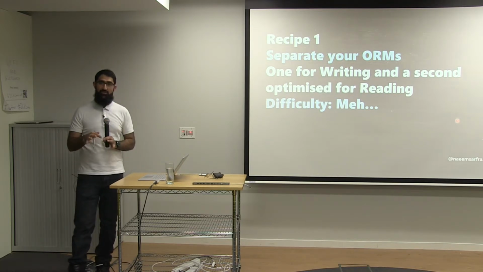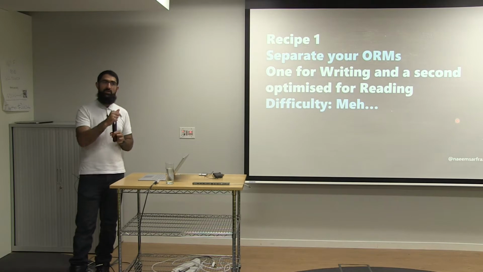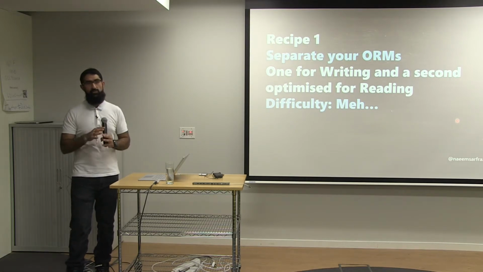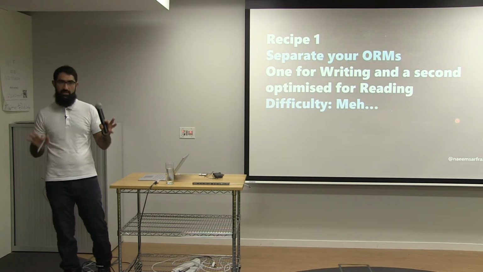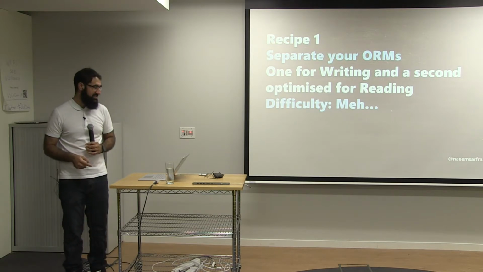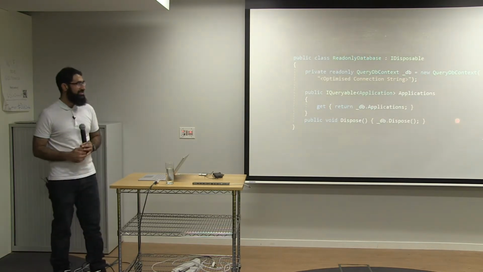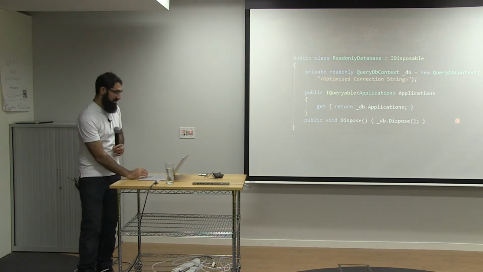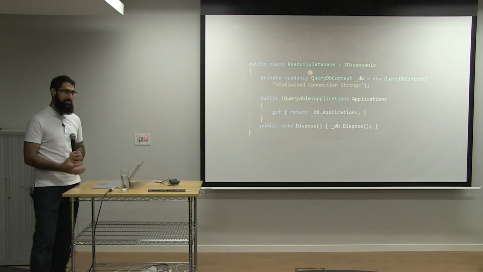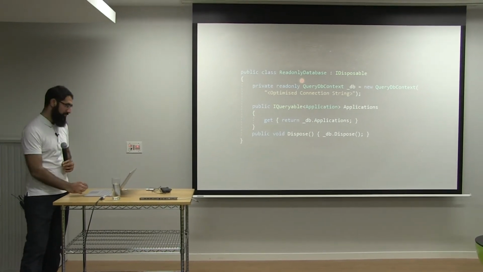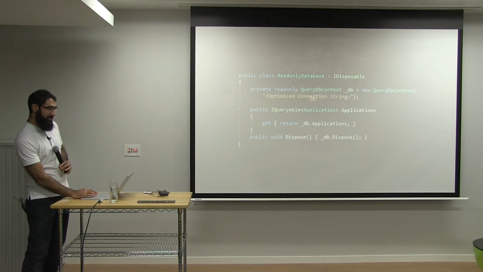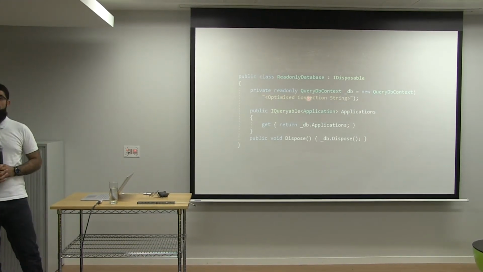So this is a very, very easy optimization. Once you've split your methods as I described earlier, into two different classes, applying something like this is really easy. You could have a class which represents our read operations, and inside of here I'm using an optimized SQL Server connection string.